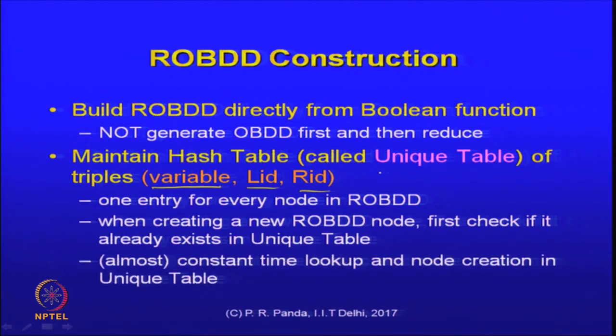I just do this search in the hash table, and if that search is true, it means that this node is already there in the unique table. There is no need to create a new one. So, this is almost a constant lookup time, which is usually the case for these hash functions, and a new node is created in the unique table if it was not there. If it was there, I should just reuse the node itself.